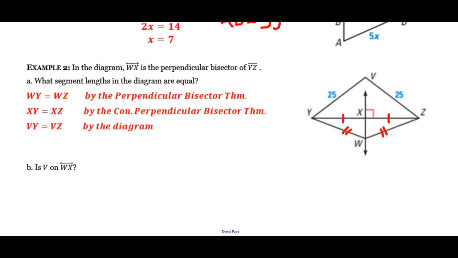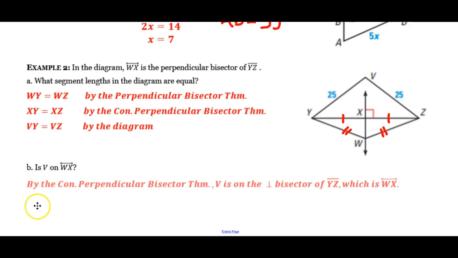So then the next question is V on WX? Well, by the converse of the perpendicular bisector theorem, V must be on the perpendicular bisector of YZ. And since the perpendicular bisector of YZ is in fact WX, then I know that V must be on WX.